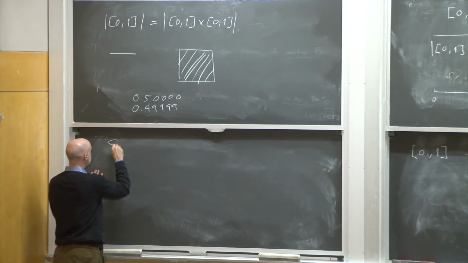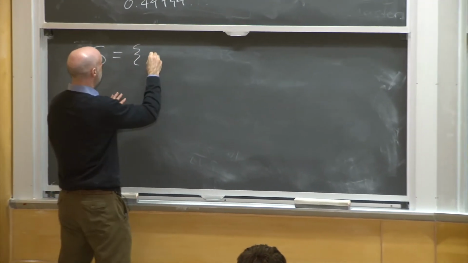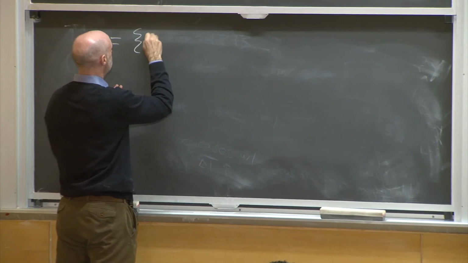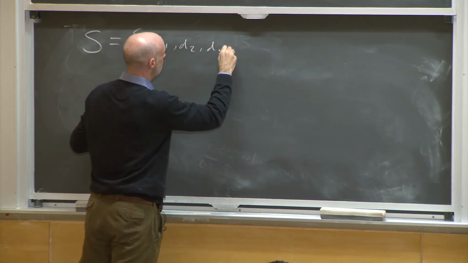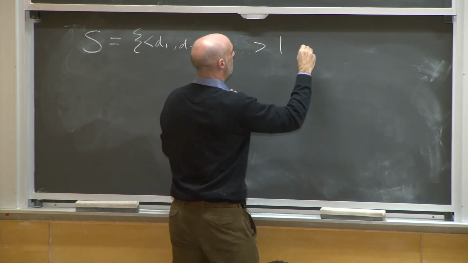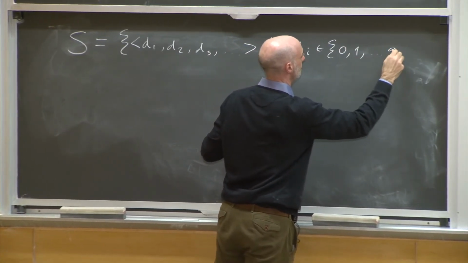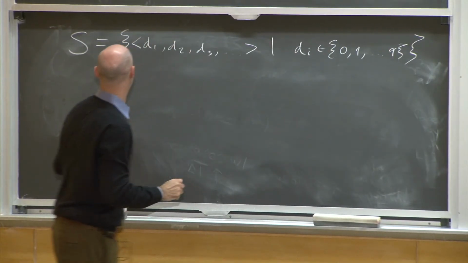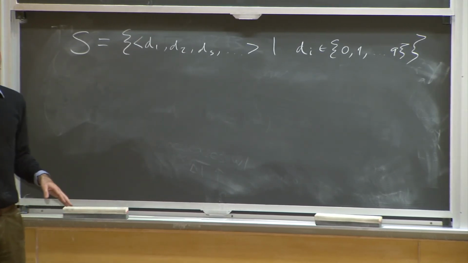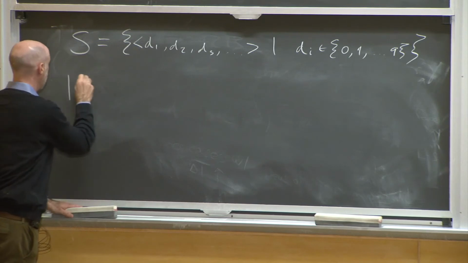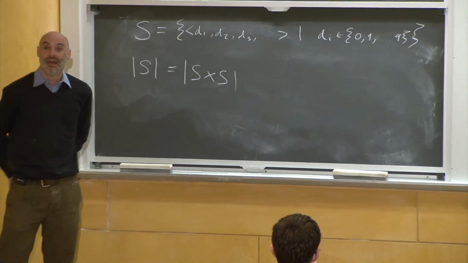So let the set S for sequence be the set of sequences D1, D2, D3 for these digits. So S is just the set of infinite sequences of digits. And what we're going to show is that the cardinality of S equals the cardinality of its product.